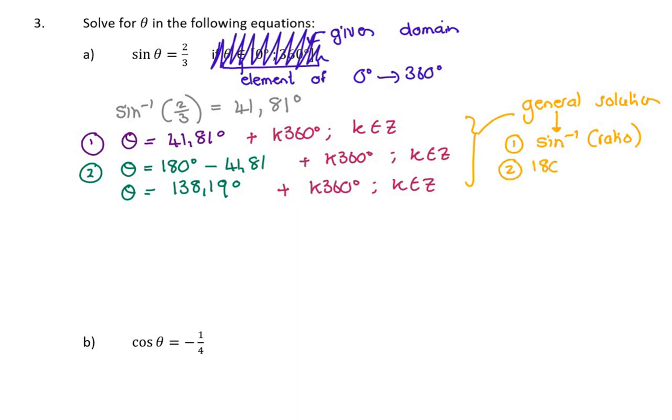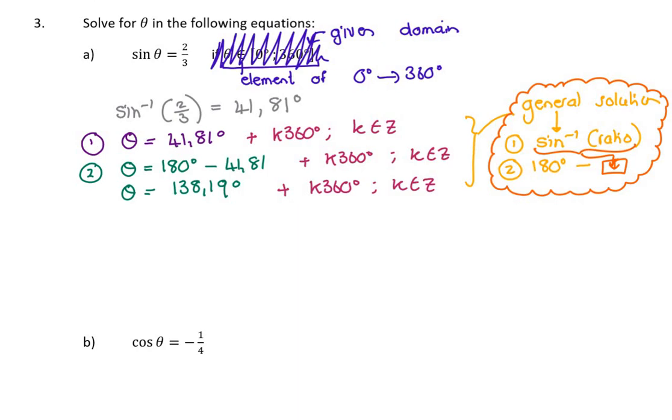We do 180 degrees minus that first angle. So that's how you solve a sine equation. Every single sine equation is solved like that. Whether it's positive or negative, your calculator automatically will generate the right quadrants.